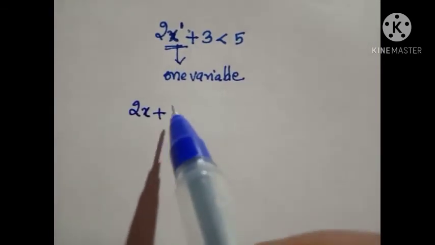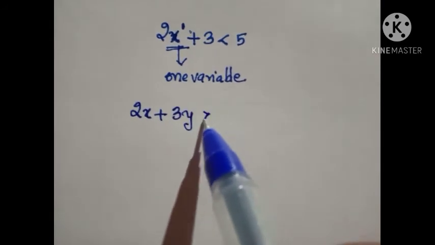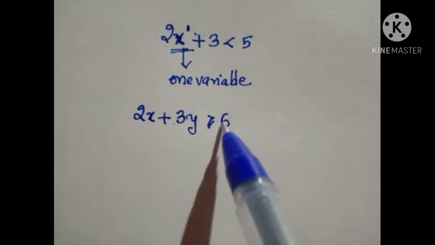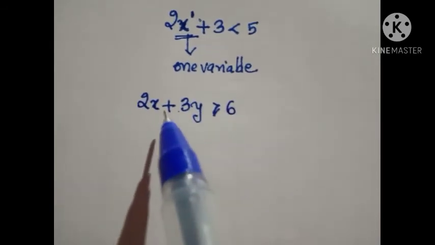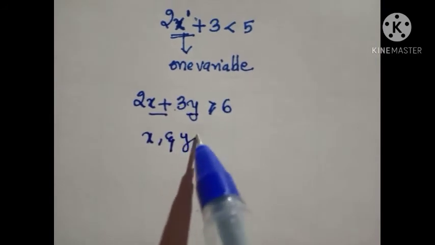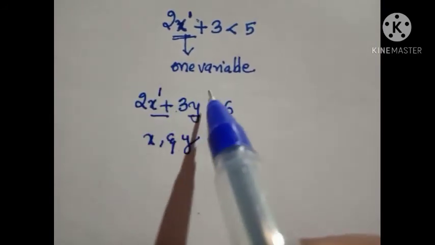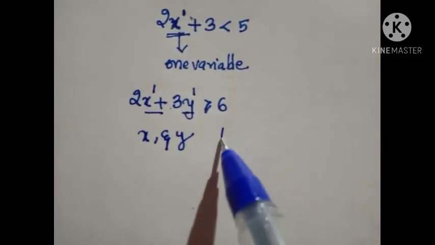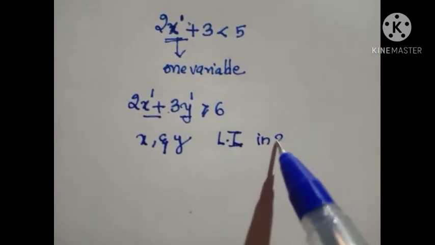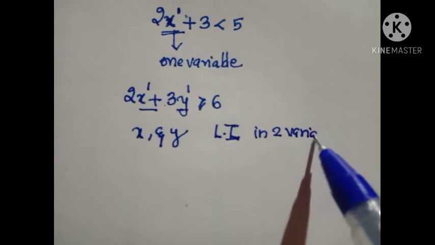Let us consider another example. 2x plus 3y is greater than or equal to 6. Now listen, there are two variables x and y, and degree of this variable is equal to 1, and therefore this is a linear inequality in two variables.